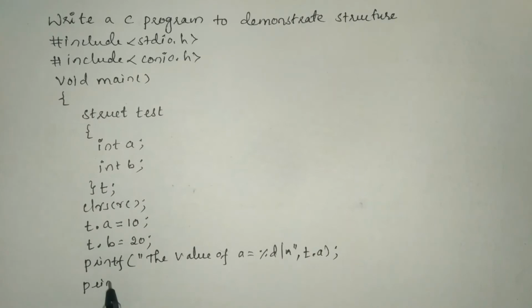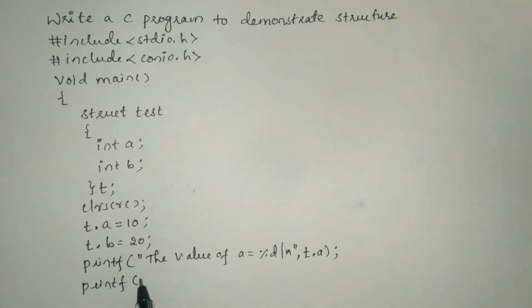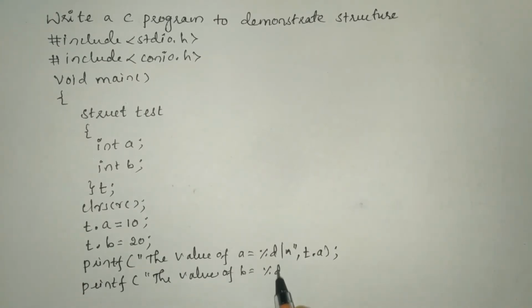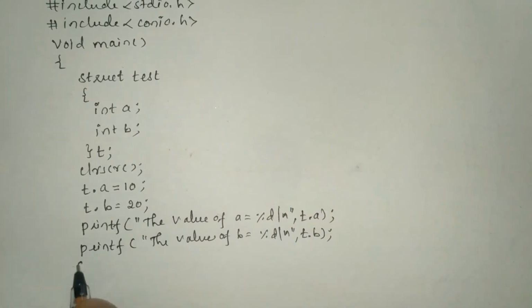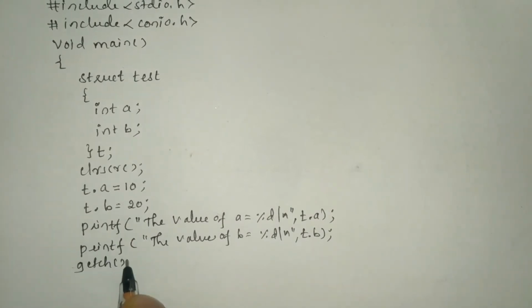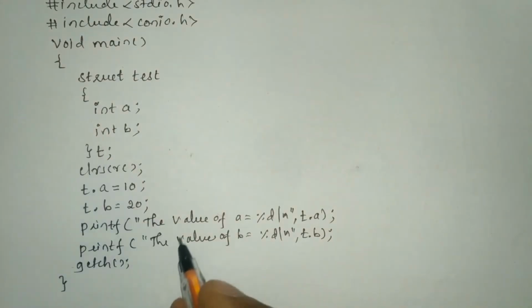Similarly I'm going to write the next statement for the value of b. In the double quotation marks I'll write the value of b is equal to %d \n, end the double quotation mark, t dot b. Now we are going to write the getch function and the curly closing brace for this main function.